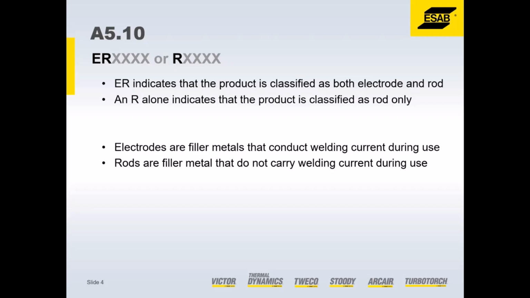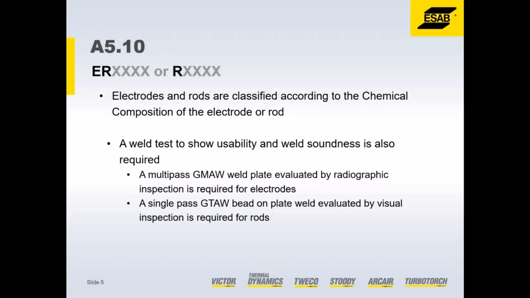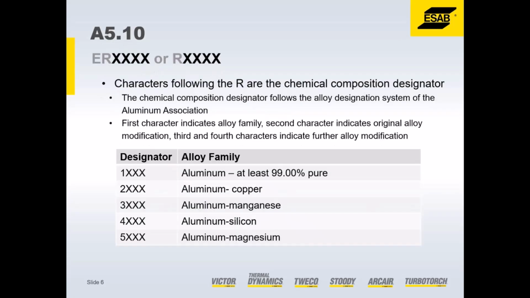So just like with solid wire, these are ER, so they could be electrodes or rod, used for either MIG welding or TIG welding. And the basic families are the 1000 series, so that's basically pure aluminum. 2000 is aluminum copper. 3000 has manganese alloyed in. 4000 would be silicon, and 5000 would be aluminum magnesium.